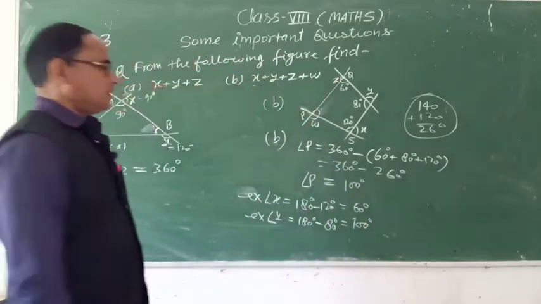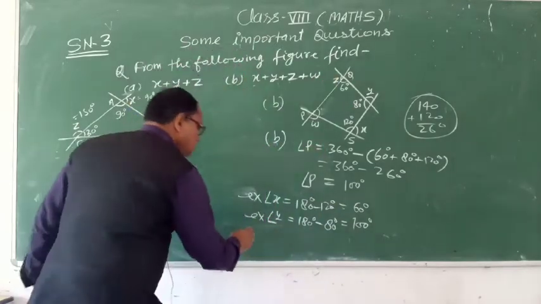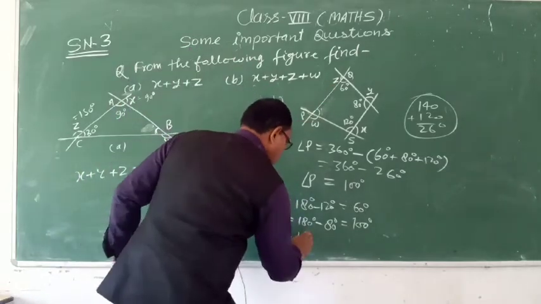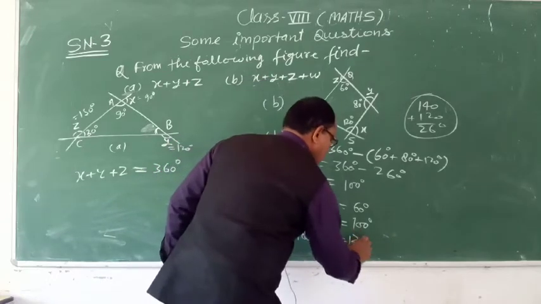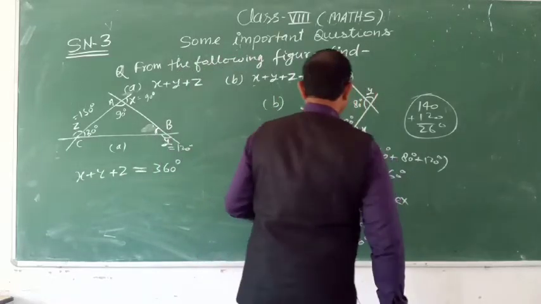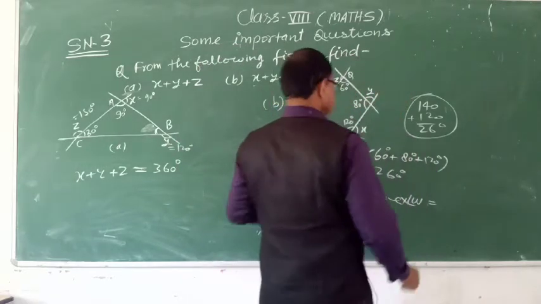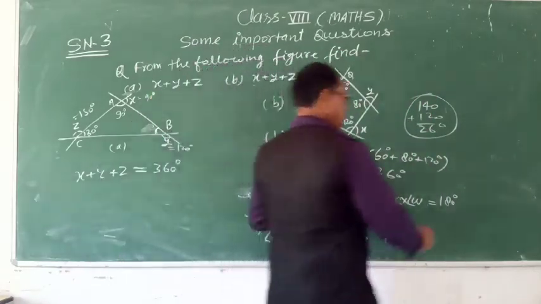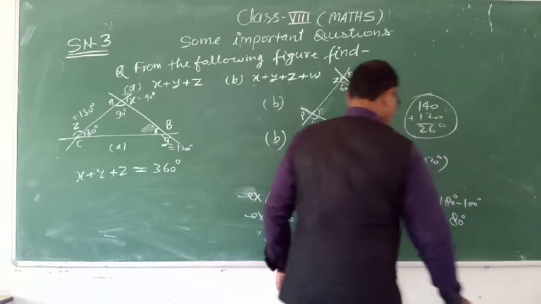Okay, and exterior angle of z is equal to 180 degrees minus 60 degrees is equal to 120 degrees. Okay, and here exterior angle w is equal to 180 degrees minus 100 degrees. We get 80 degrees.